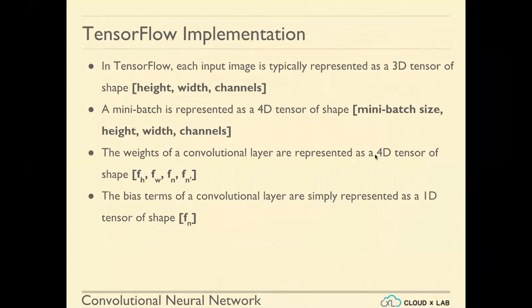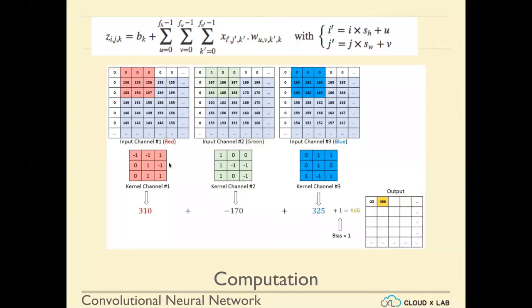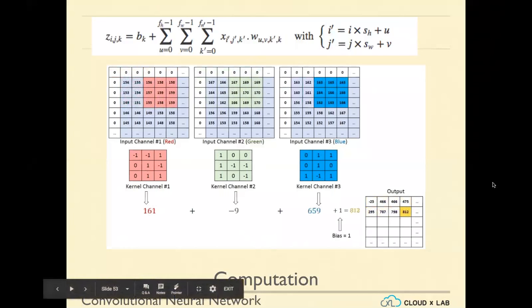The individual weights that you see here, -1, 0, and so on, these values are what we learn via backpropagation. This is the input layer, and we are applying the weights that we have learned and generating the next layer. So essentially, training a CNN is all about finding these weights such that the output matches the desired output.